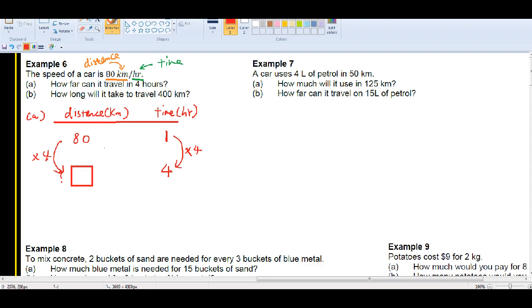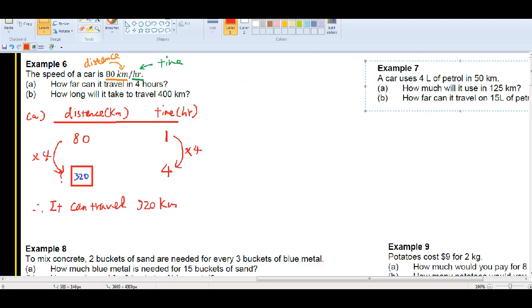So that means this number will be 320. Okay, so that's how you answer the first question. How far can we travel? 320 km. So that will be easier for you, right?